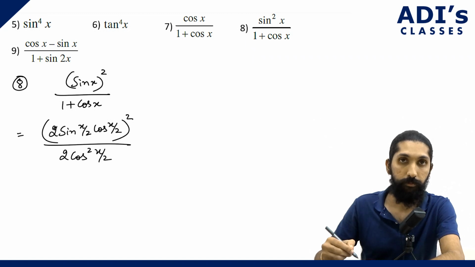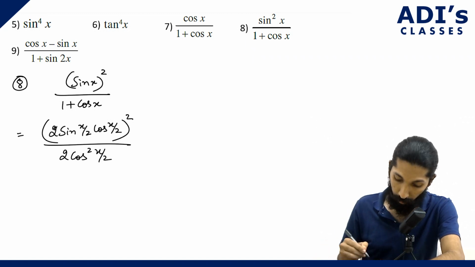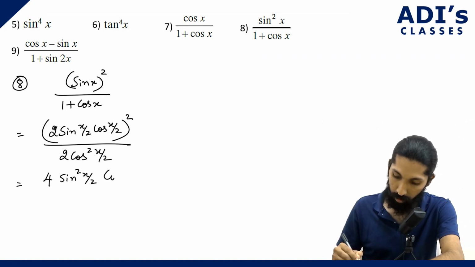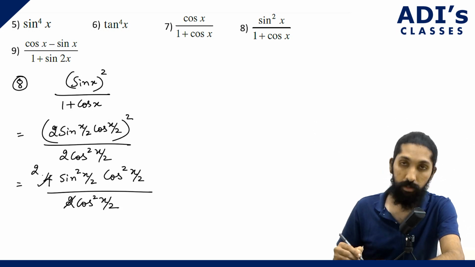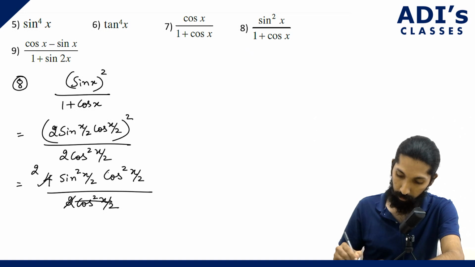Fair enough? Now, numerator becomes 4 sin square x by 2 into cos square x by 2 divided by 2 cos square x by 2.